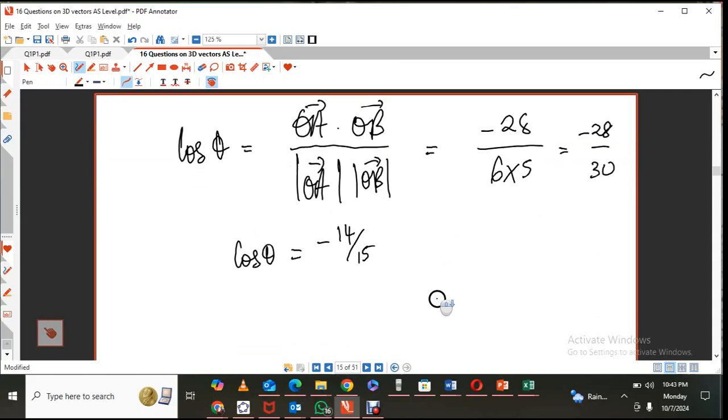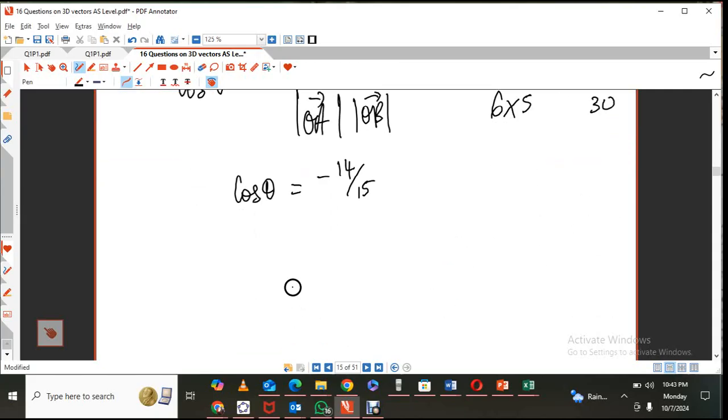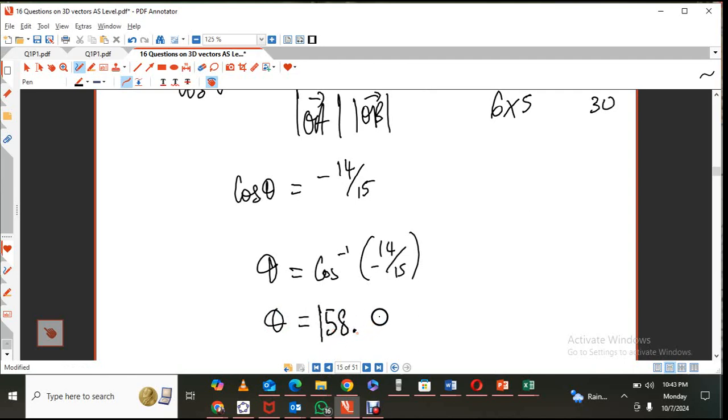So in order for me to find that angle, of course, you just take the inverse cosine of that. You just make sure you grab your calculator and punch that in. So I get 158.9605302 degrees.